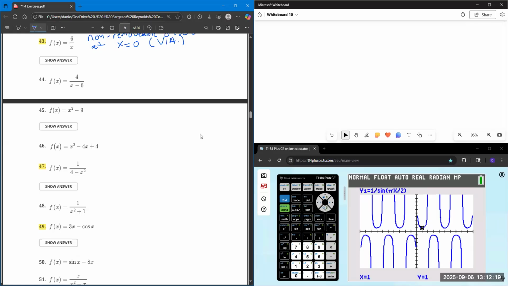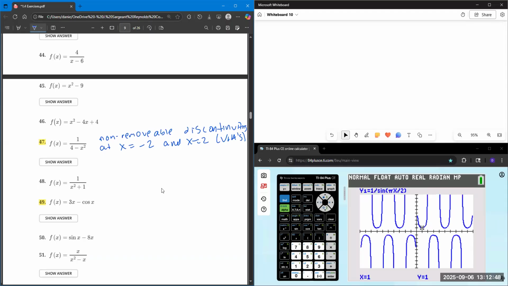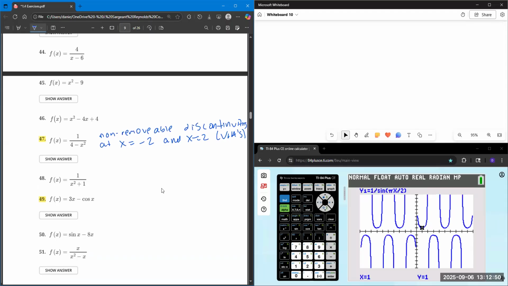There are non-removable discontinuities at x equals negative 2 and at x equals 2, and those are both vertical asymptotes. There are no discontinuities here. This is the sum or difference of continuous functions.